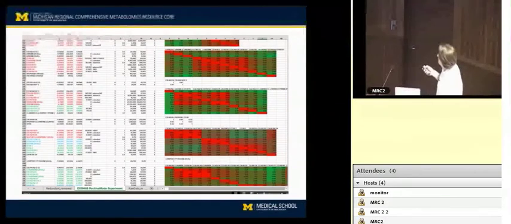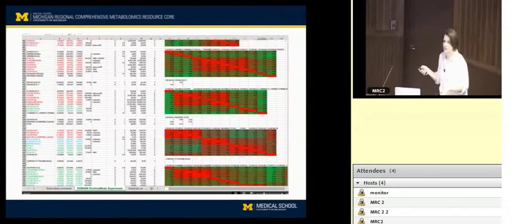The next thing we do is make an assumption that the highest intensity peak in this cluster is probably the molecular ion. It's the thing that we're interested in. Let's take some mass differences between that peak and all the other peaks in the cluster.